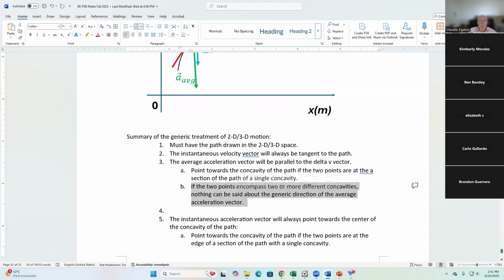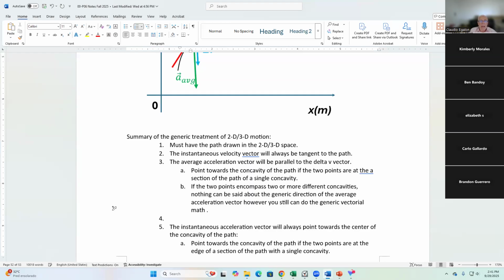If the two points encompass two or more different concavities, nothing can be said about the general direction of the average acceleration vector. However, you can still do the general vectorial math that I did.